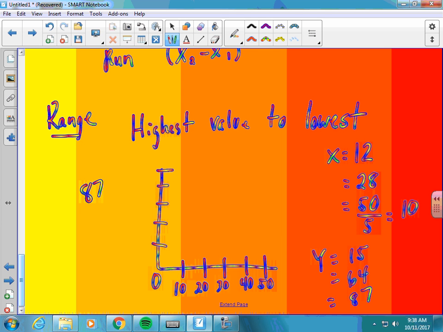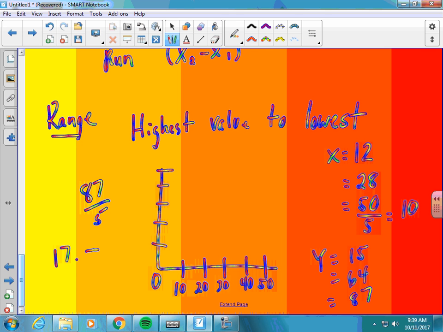Again, I have 5 marks. If I took 87 and divided by 5, what do I get? I would get 17 point something. Now, 17 is not a really cool number to use for each mark.